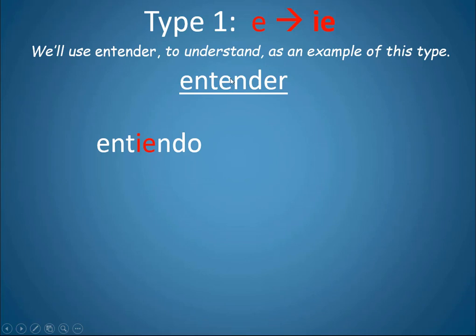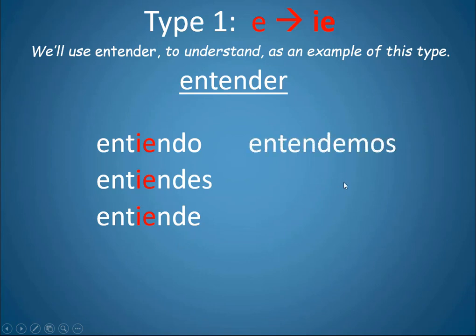Now, the second E, like I said, is going to change to IE. Then, entiendes. The normal ending for ER, that's the tú form, ES, and then the second E changes to IE. Entiende, the normal ending E, and then the second E changes to IE.